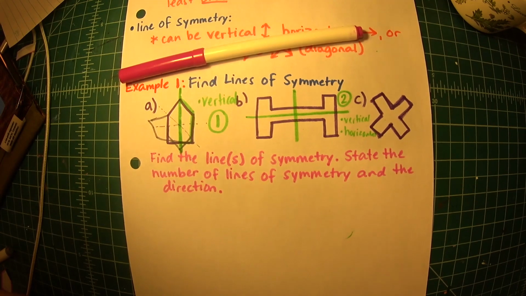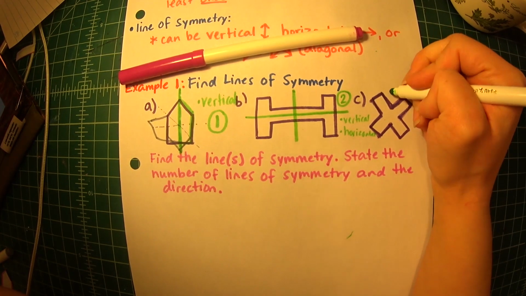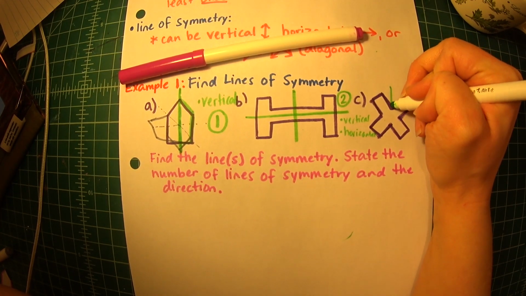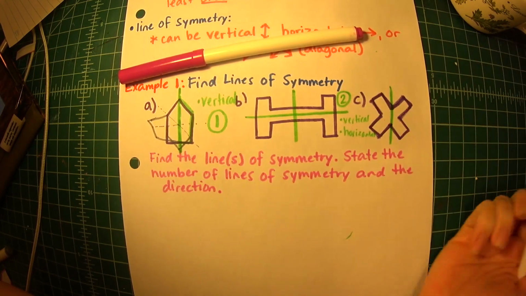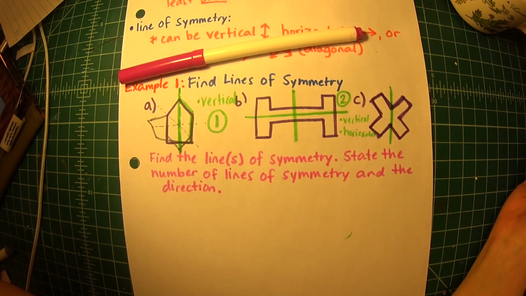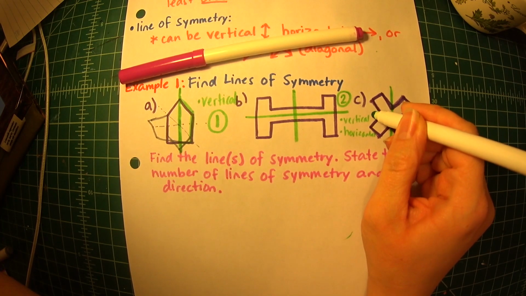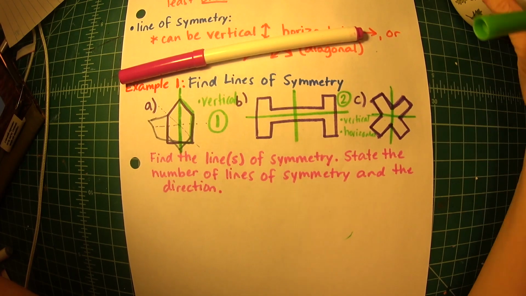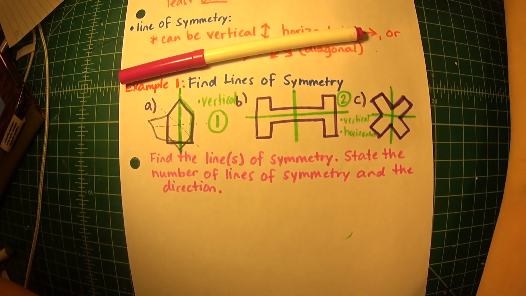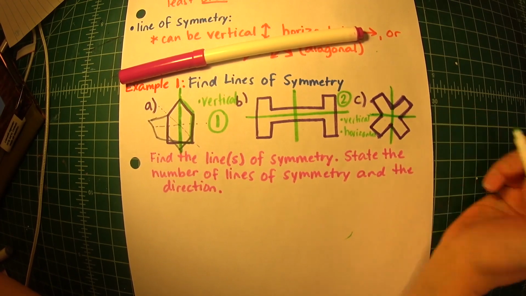Okay, so now for the last one. So down the center vertically, that is a perfect mirror image. That would match up there. And horizontally, again, we've also got a mirror image there. That matches up perfectly.